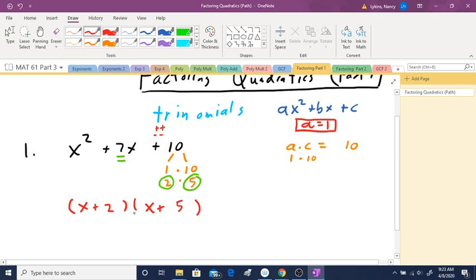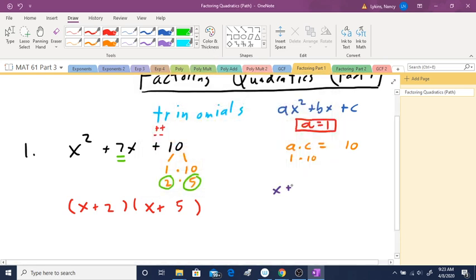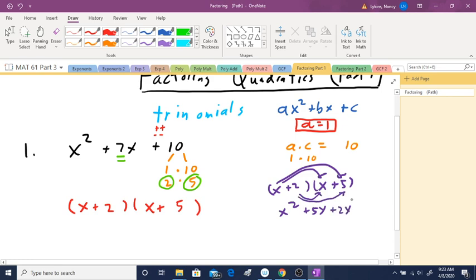This would be my answer. Now, to check to see if I did this correctly, you could say x plus 2, x plus 5. It does not matter the order. And then FOIL it. That's x squared, x times 5 is 5x, go under, 2 times x is 2x, go under again, 2 times 5 is 10. 5x and 2x, x squared plus 7x plus 10.